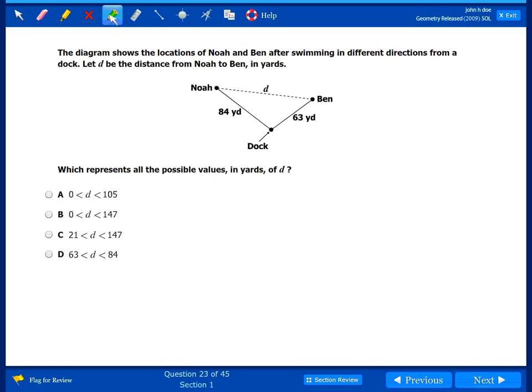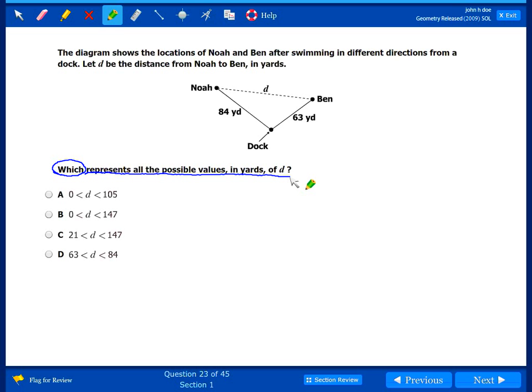We start this problem off by looking for the keyword, which represents all the possible values in yards of D. Notice if we do this, we don't even need to look at the top words. We already have the picture. So the picture is enough to solve this.